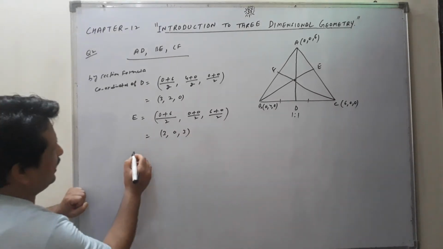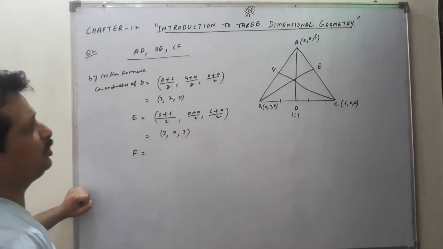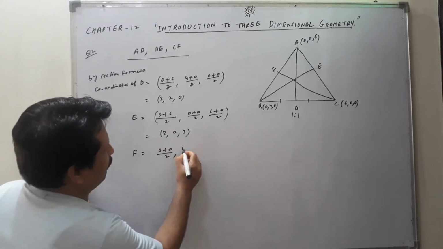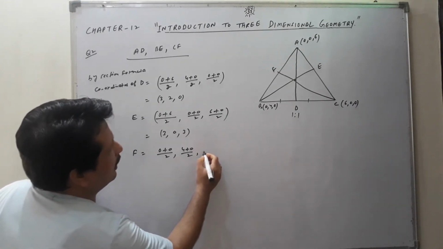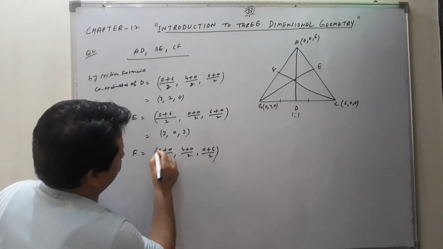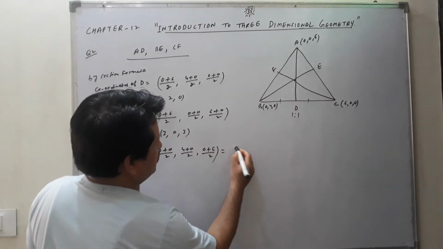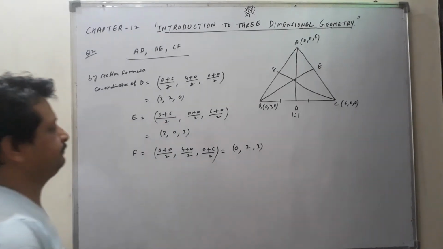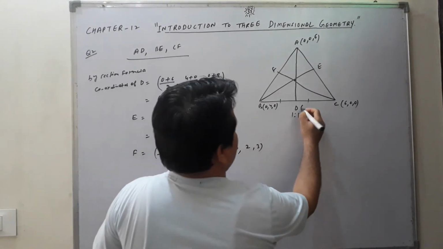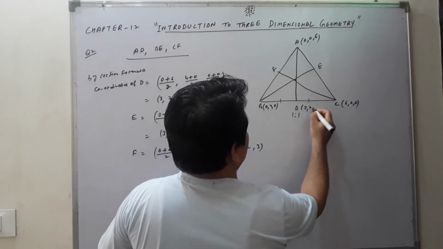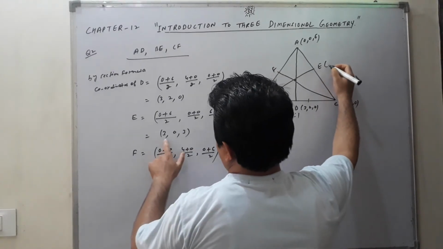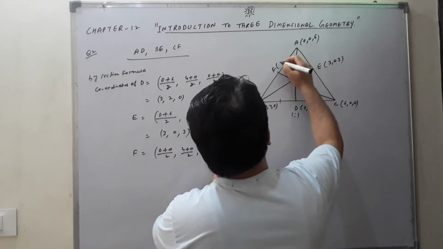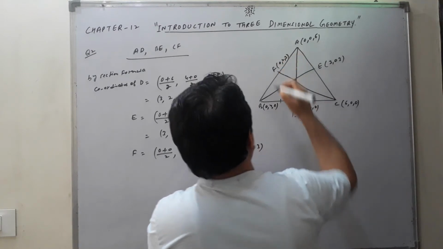Now the coordinate of F is 0 plus 0 divided by 2, 4 plus 0 divided by 2, and 0 plus 6 divided by 2, which is 0, 2, 3. So D has the coordinate 3, 2, 0, E has the coordinate 3, 0, 3, and F has the coordinate 0, 2, 3.